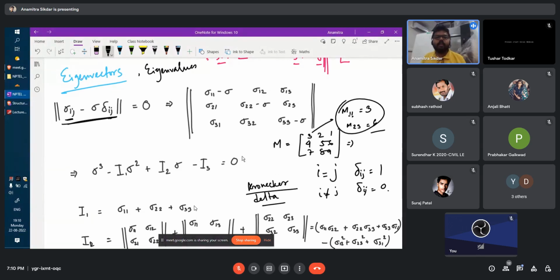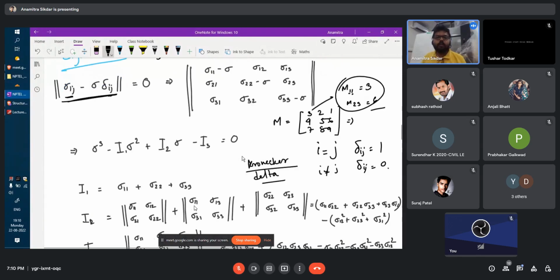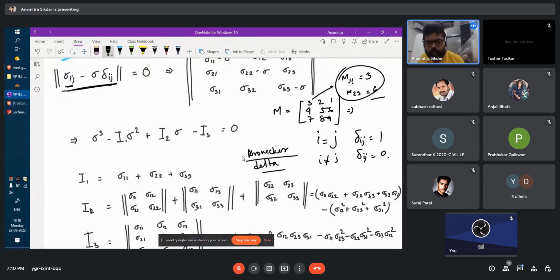So we have done this for the 2D problem. For the 3D problem, things become a little bit complicated. This will be the equation if we want to get the determinant of this matrix, and that will be equal to 0.